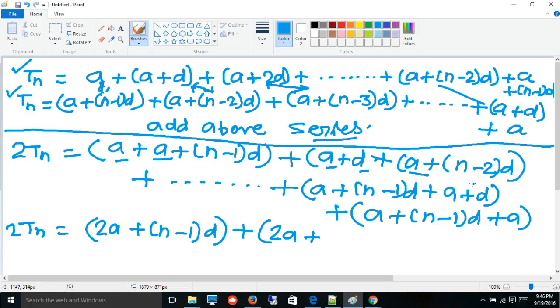Now this is d and this is d; if you take d common, 1 plus n minus 2, how much do you get? You get n minus 1 into d. If you are facing any problem, please let me know. 1 plus n minus 2 is n minus 1. So the second term is also 2a plus n minus 1 into d, plus and so on.